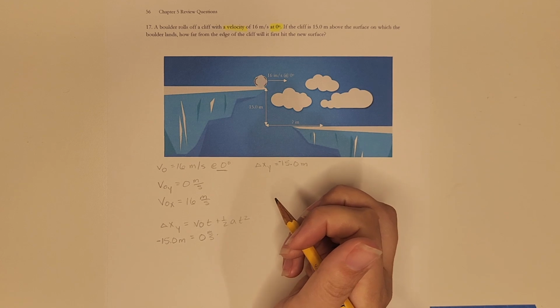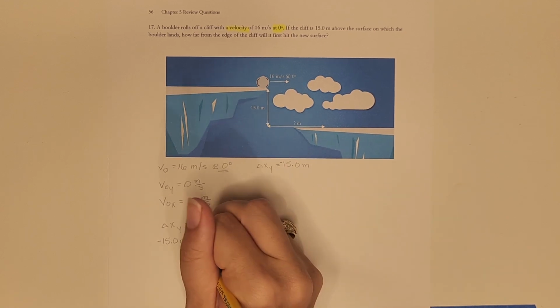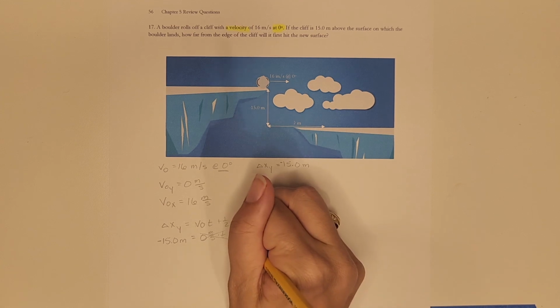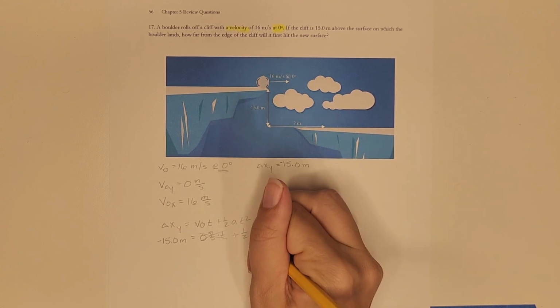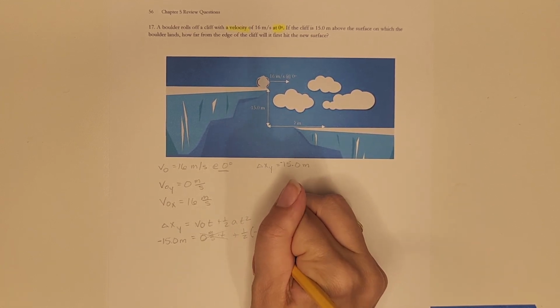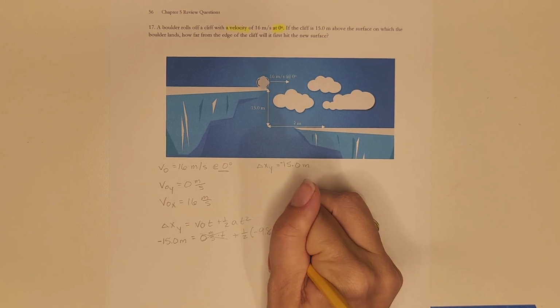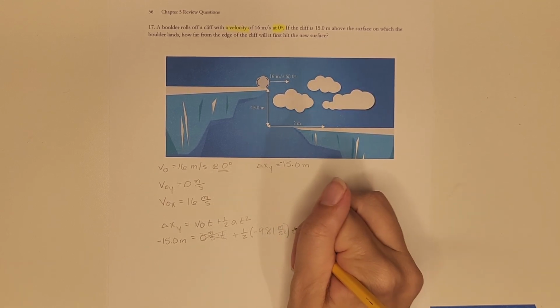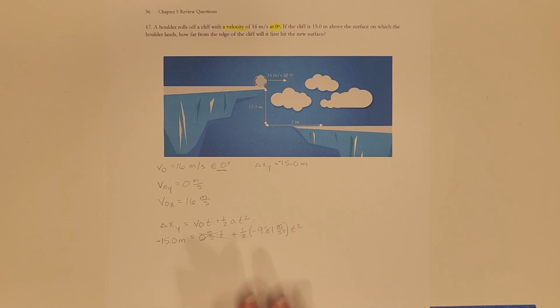And we can go ahead and put a time here, but we're going to ultimately not use that, right? Plus 1/2 times a negative 9.81 meters per second squared, and time squared.